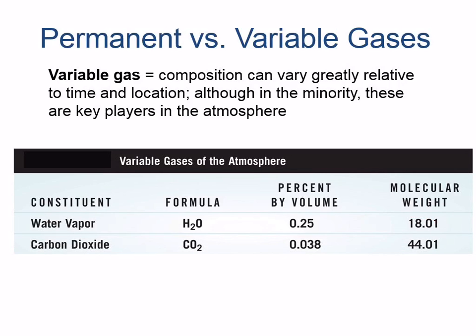Carbon dioxide, the formula for carbon dioxide is CO2. It is definitely a variable gas. We'll kind of look at why it's a variable gas. 0.038% corresponds to, you're going to see it on a graph here in a minute, 380 parts per million.